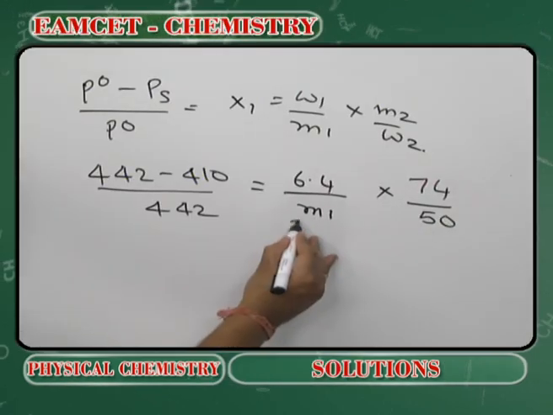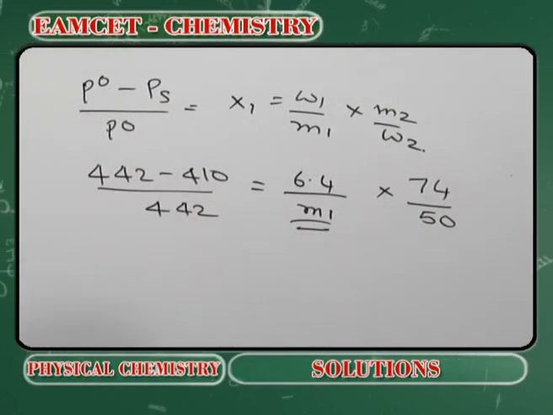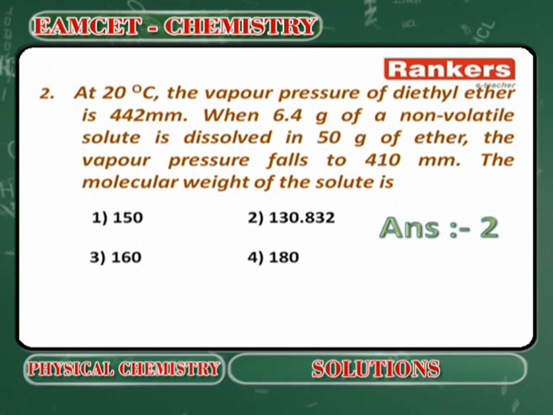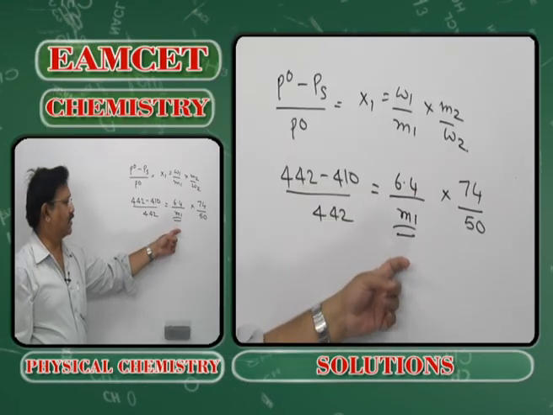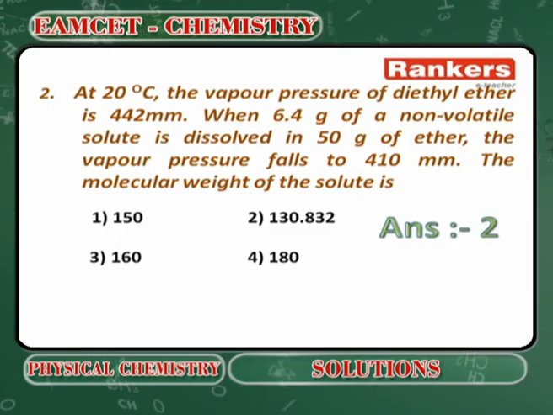Solving, we get the value of M1. So option 2 is the answer. This is a simple arithmetical calculation. Next problem.